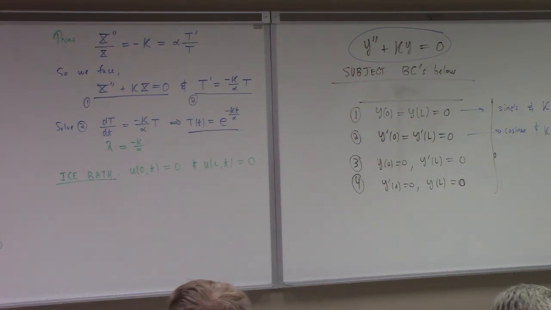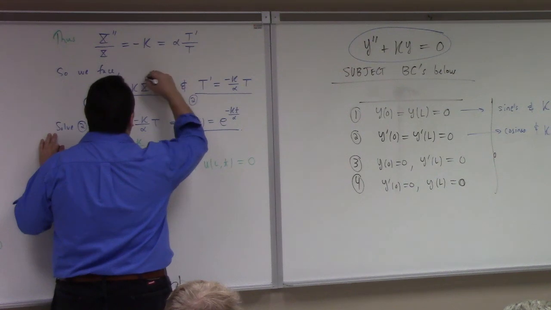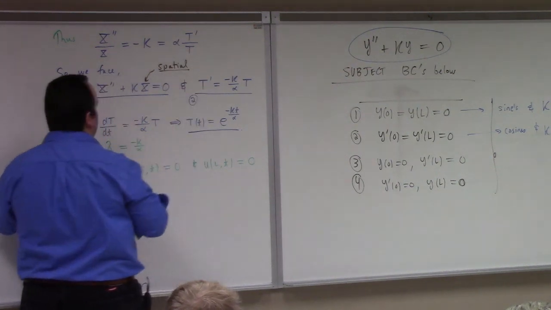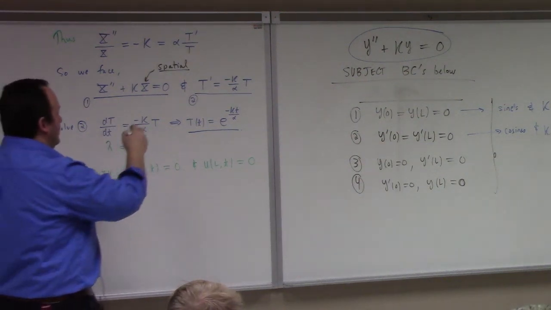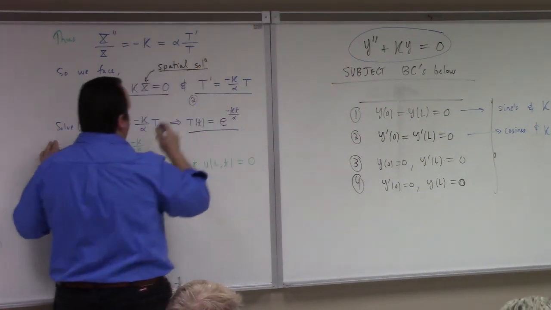For this, you could call this the spatial, not like special, but like Southern special, but this is the spatial solution, as in spatial solution. The spatial solution will satisfy the same boundary value conditions as does the temperature function itself.